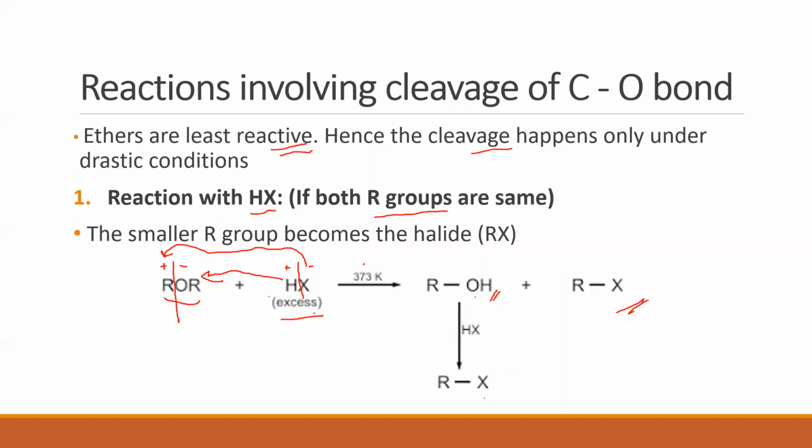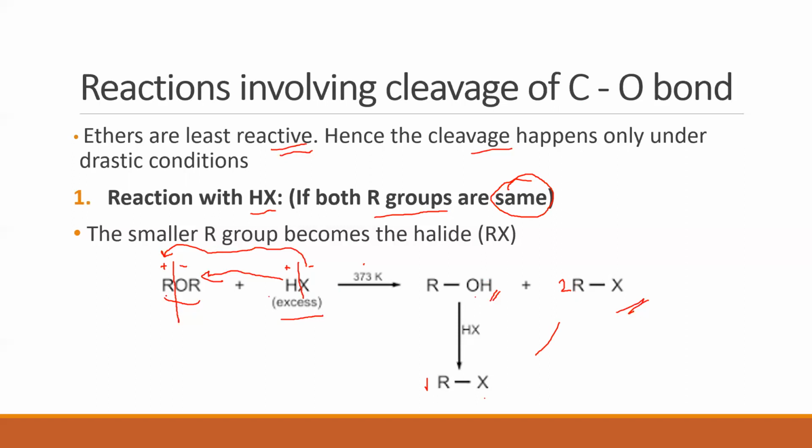So if I take HX in excess, I'm actually getting 2 moles of RX, if both the R groups are the same. You got that? The final products that you get will be 2 moles of RX, which have the same R group.